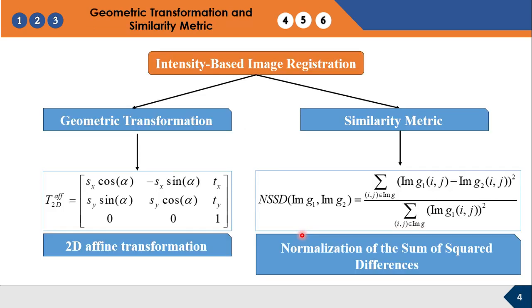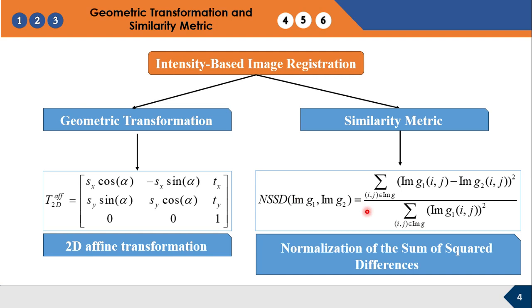In this section, we will talk about the tools used in this work. So in this field of image processing, several geometric transformations can be used. In our algorithm, we use the 2D affine transformation, which is defined by 5 parameters. So 2 for translation, 2 for scaling, and 1 for rotation.